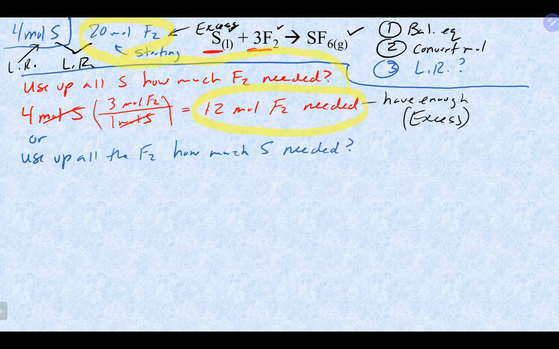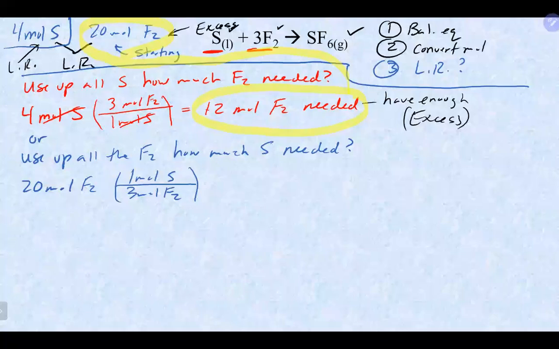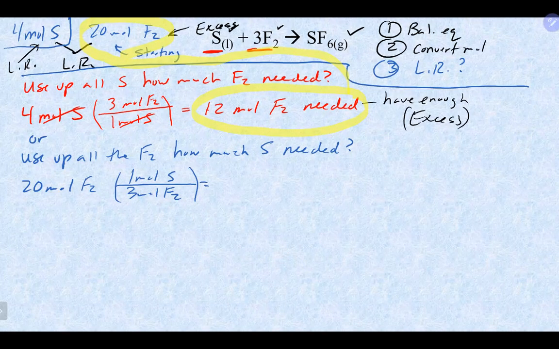In this case, we would start with the 20 moles of F2, once again using the mole-to-mole relationship between F2 and S, which is a 1-to-3 relationship. That would divide, and we would take 20 divided by 3, which gives me 6.67 moles of sulfur needed.